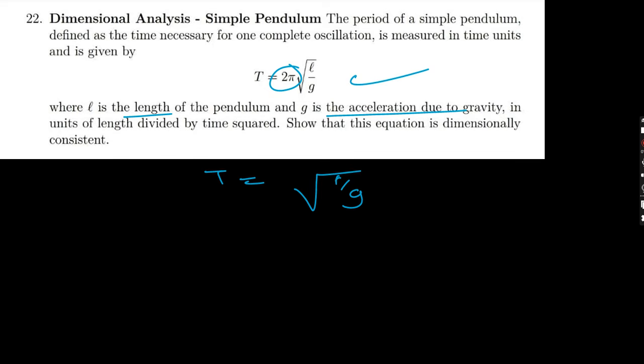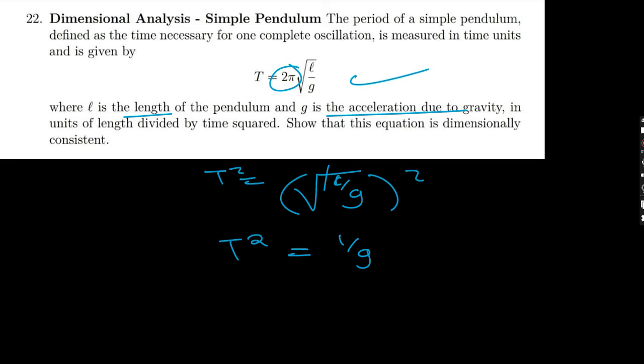To be fast with this kind of equation, here's what you are going to do: you're going to square everything. We square here, we also square here. I'm going to have T squared is equal to L over g, since squaring cancels the square root.